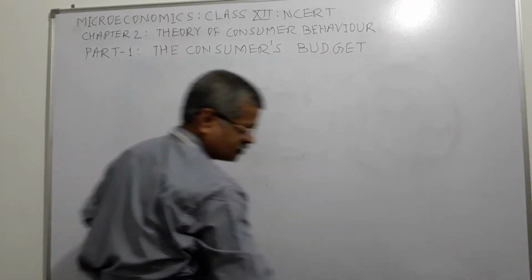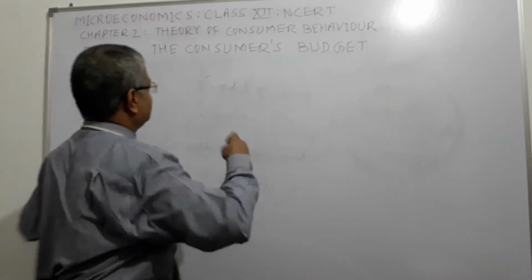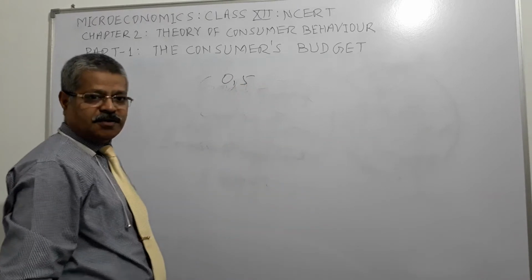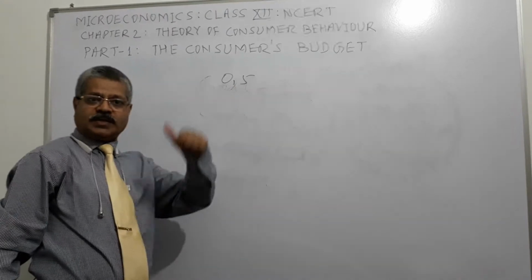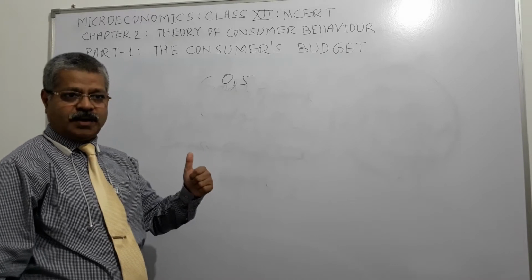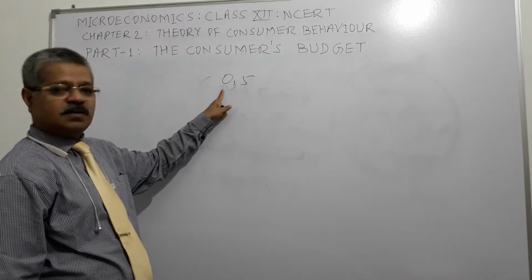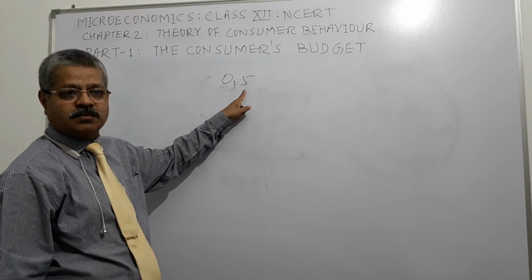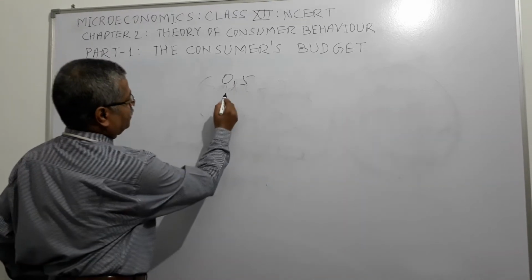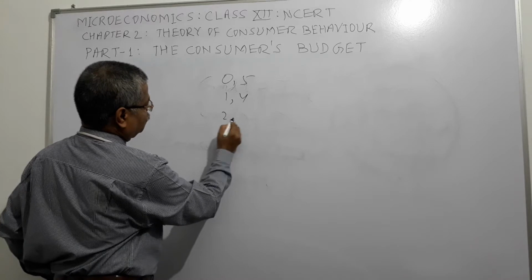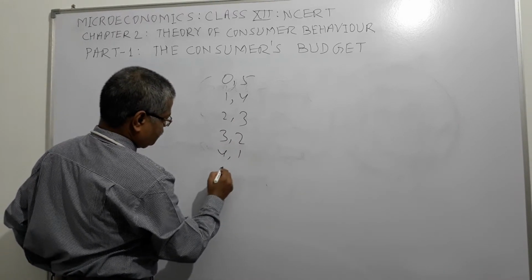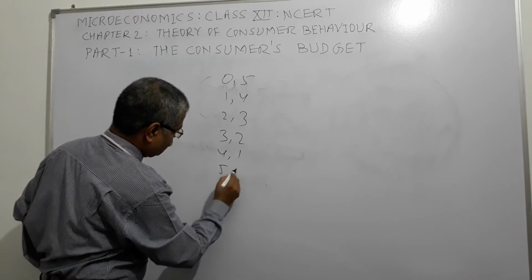So here, what is a bundle? Suppose I am saying I will go for bundle 0, 5. It means I will buy 0 units of x1 and 5 units of x2. Another bundle 1, 4; 2, 3; 3, 2; 4, 1; 5, 0.